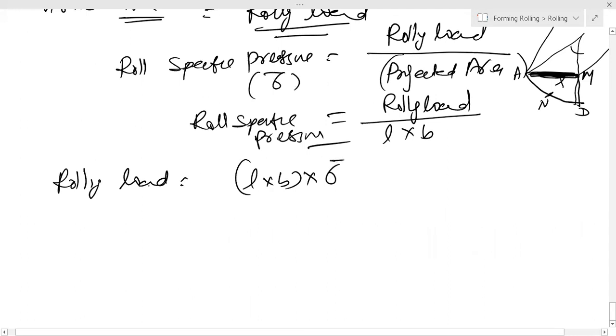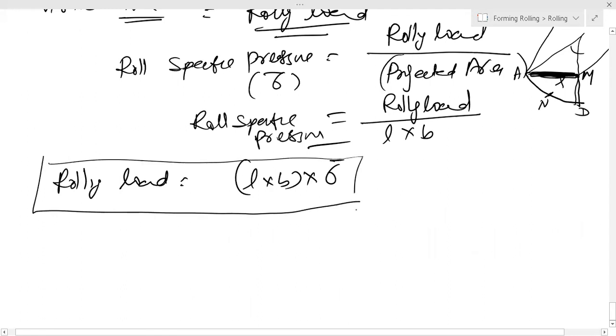So this is one way to calculate rolling load if we know roll specific pressure.